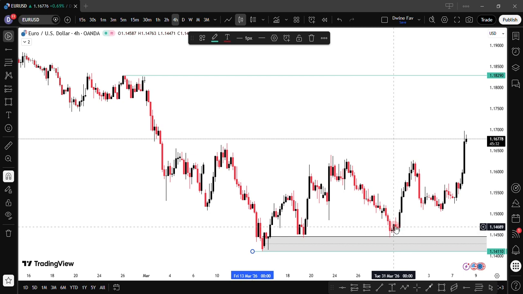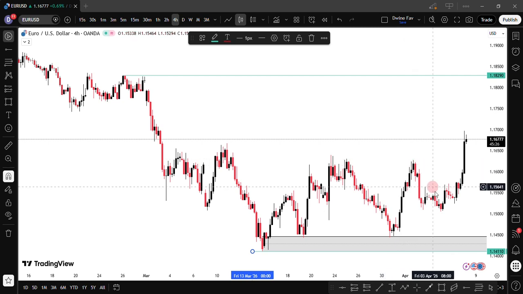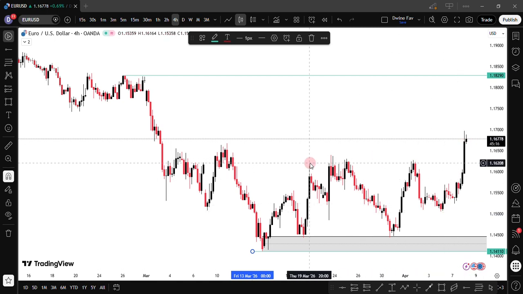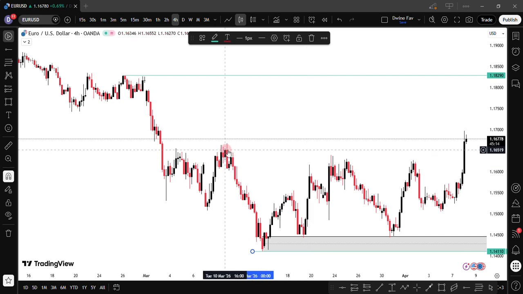It retraced 80%, so it was in a discount area for buying. Went up and then came down. This area, without checking, that's about 60 to 75%, and then now broke both these highs.